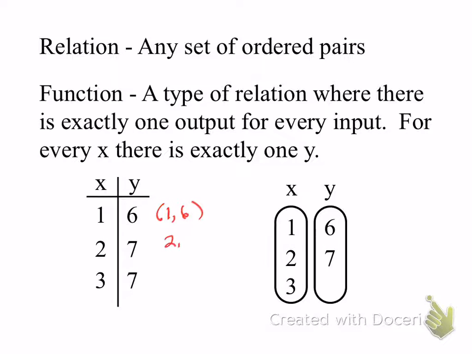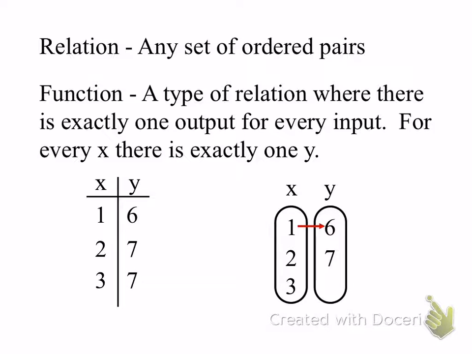And the next one's 2, 7. And then the last one is 3, 7. Does that make sense? So when I say no repeated x's, are there any repeated x's? No. So it is a function. So the big golden rule for whether it's a function is if there are no repeated x's.